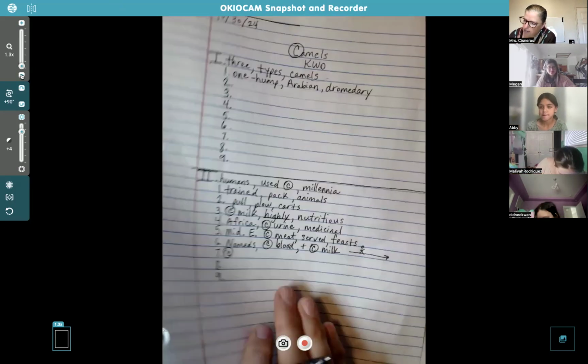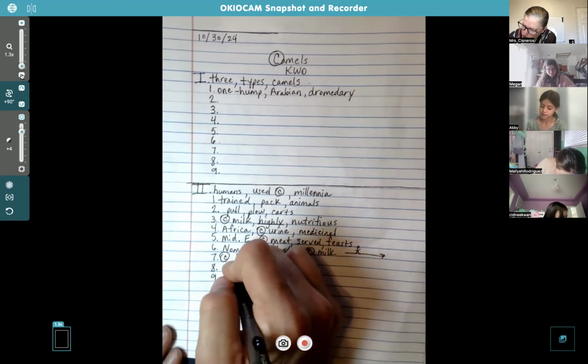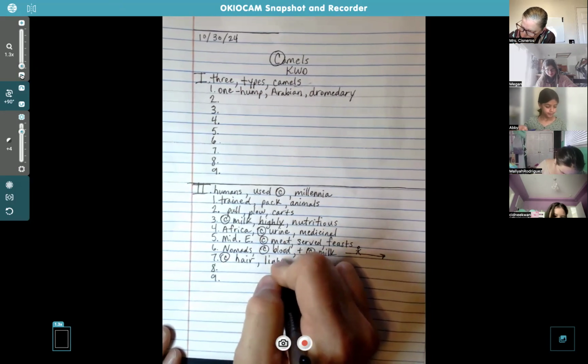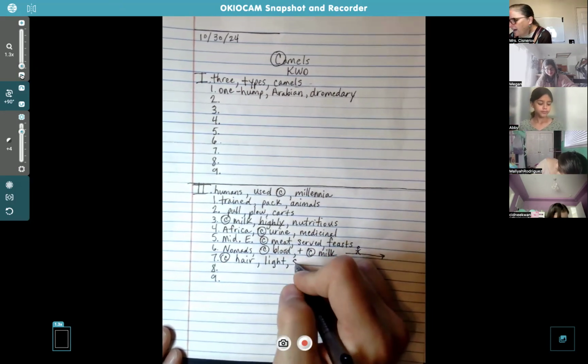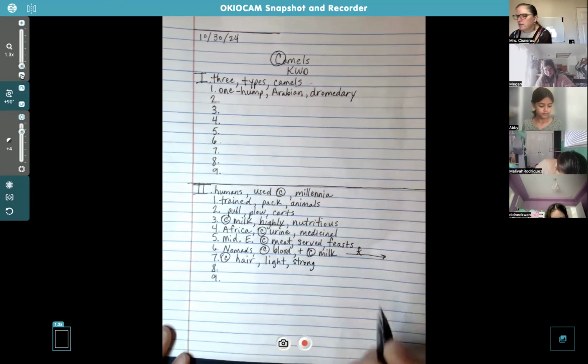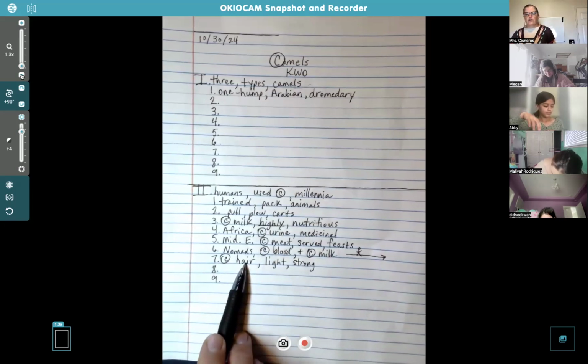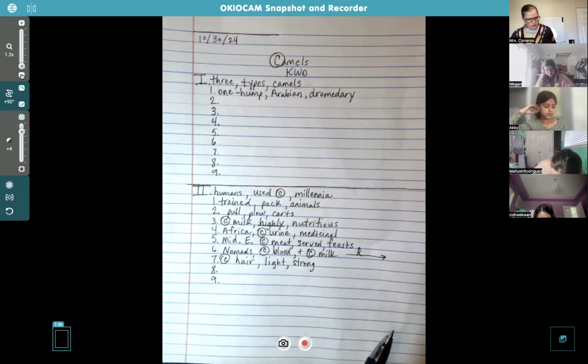The hair. Yeah, I kind of think we need hair, but I do like the word light too. Hair, light, and then what else? Strong. Yeah, good. That's kind of an easy one because it's short. Yay. C, hair, light, strong.